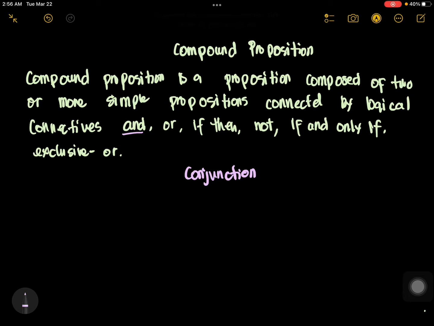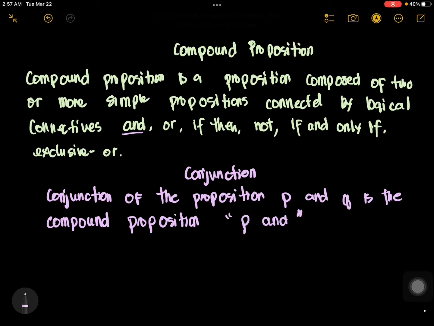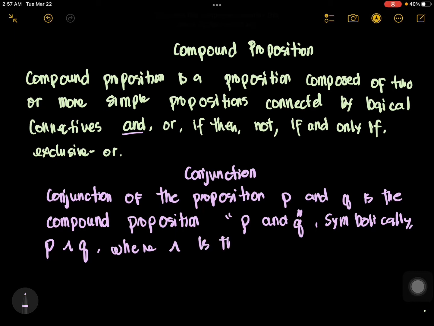So this conjunction of the proposition P and Q is the compound proposition P and Q. And in symbol, or symbolically, this P and Q, where this symbol is the symbol for and.